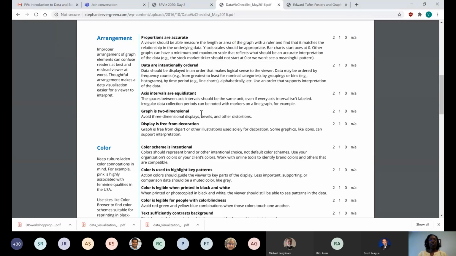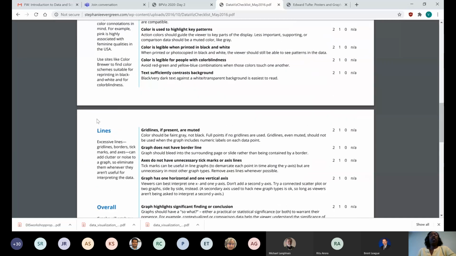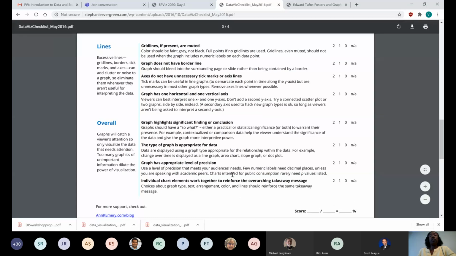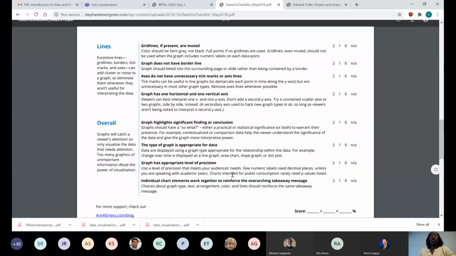When I say nudging from you, I mean, don't skew the data in a certain way just to get your point across. It is always better to respect the intelligence of your viewers and allow them to come to their own conclusions. The things listed here talk about lines, and they give you some overall things to take a look at, particularly what things draw our attention.